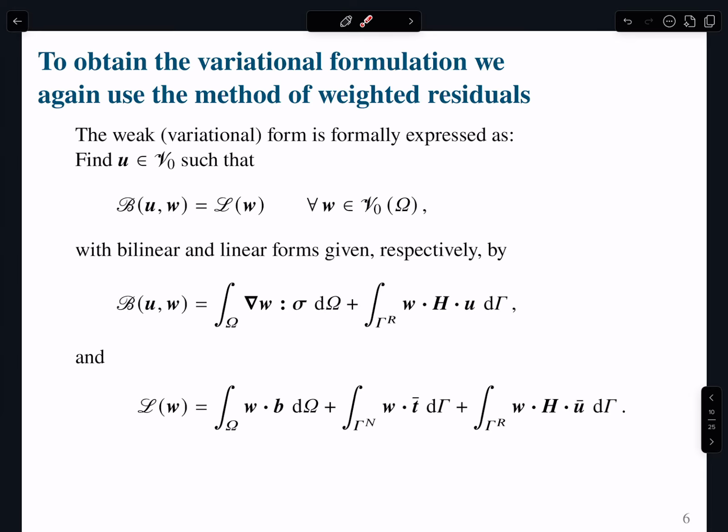So again, our weaker variational form is stated always the same way. We state it in abstract form. We say find U that is part of some space V0. And again, recall that we're dealing with vector valued function spaces now. What that means is that every component of those vectors belongs to a Sobolev space of some order.